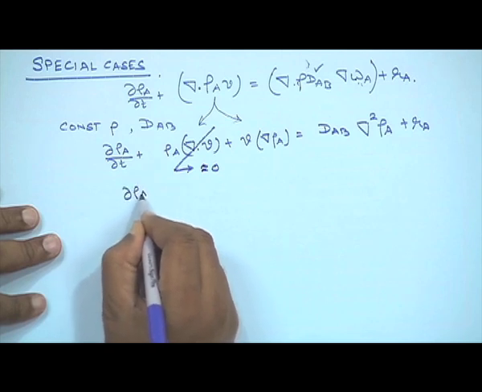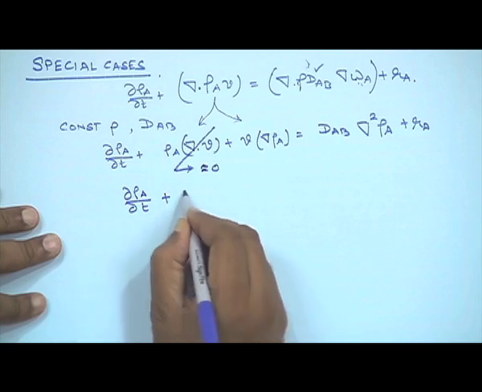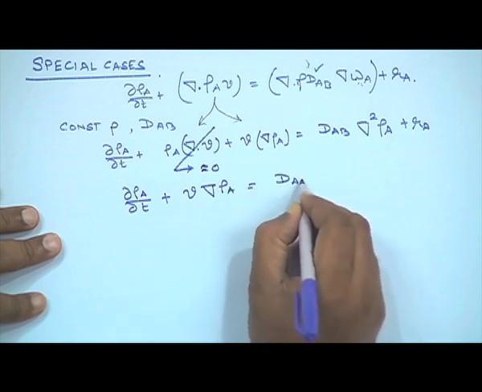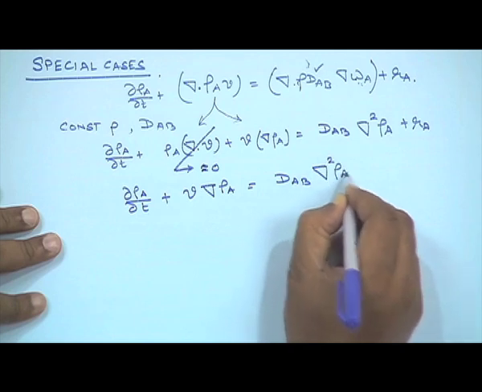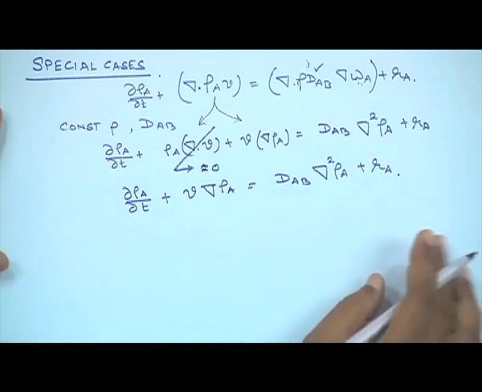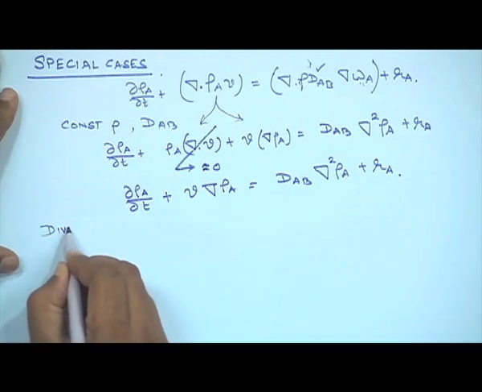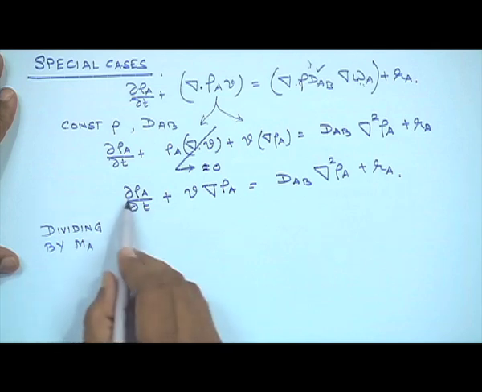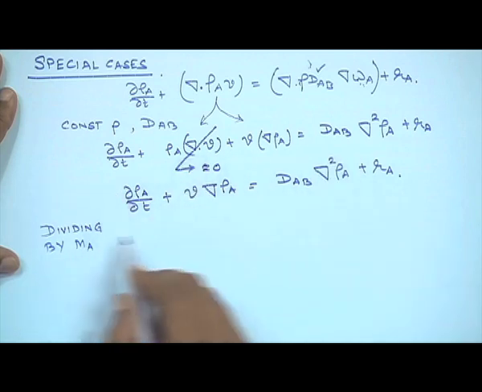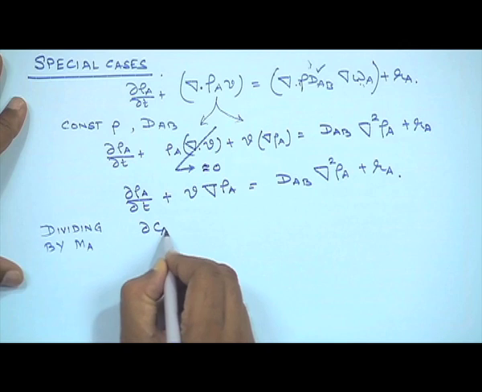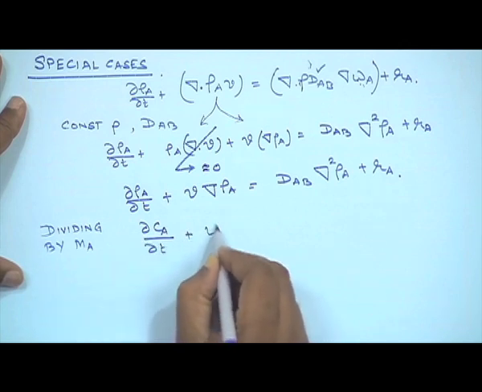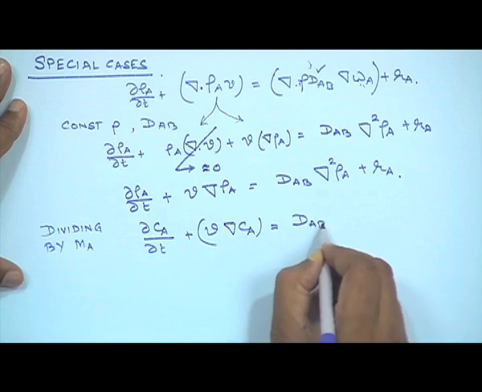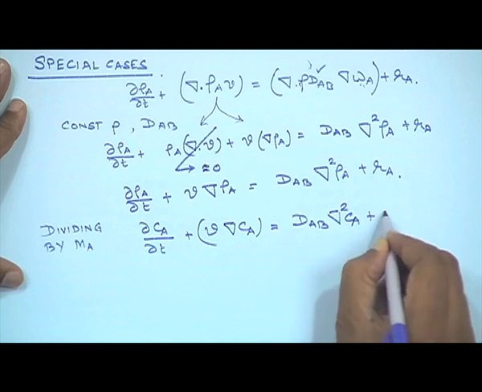So what we have then is del rho A by del t plus V times del rho A is equal to dAB times del square rho A plus R A. And when you divide this equation by the molecular weight of component A, what I am going to get is del Ca by del t plus V times del Ca is equal to dAB del square Ca plus Ra.